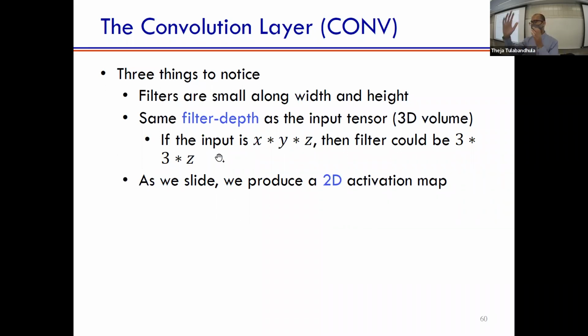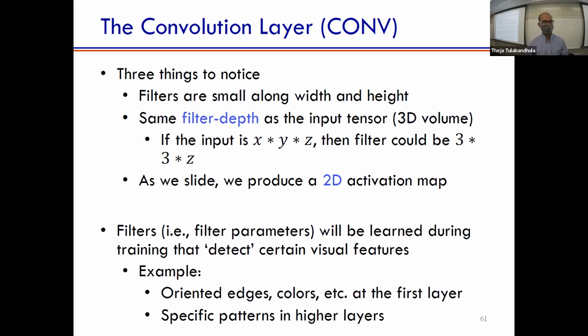And as we slide the F1 filter, we only get one 2D activation map, which is basically a matrix. The 2D explicitly says it's going to be a matrix. So one filter, one slice, or one matrix. And as he asked, the filter parameters are going to be learned during training, just like the weights of a fully connected layer, by backprop, updating the weights and so on.